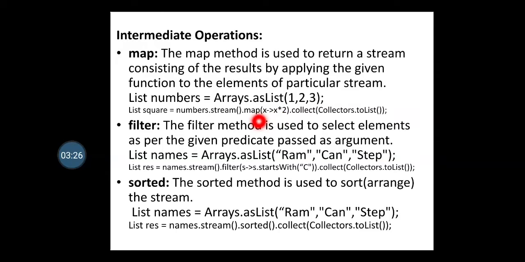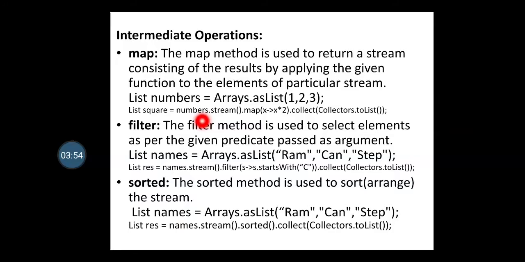Here this arrow operator is called a lambda expression, as we have discussed earlier. So it means that x is going to take the value x star 2, that is the multiplication of x by 2. The value of x is taken from numbers.